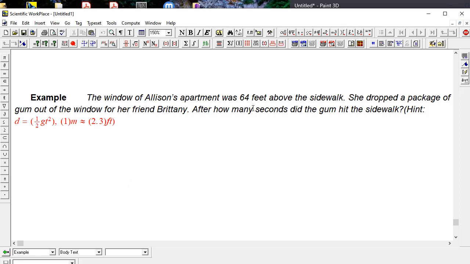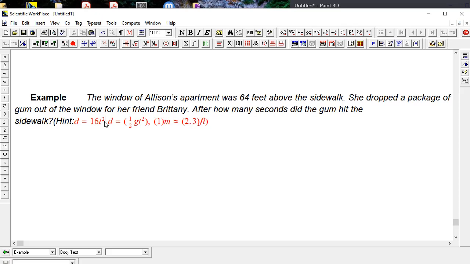But the question tells you to solve it by using a formula. It says d is equal to 16 t squared.